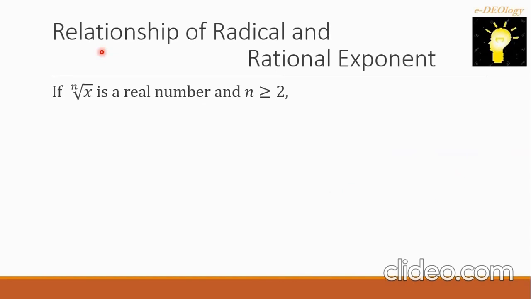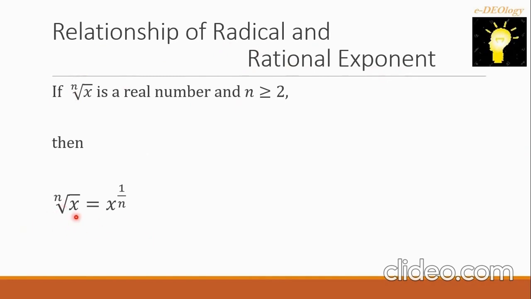Let us go to the relationship of radical and rational exponent. If we have a radical nth root of x, and this is a real number, and the n is greater than or equal to 2, take note that n is the index. Then, the relationship of radical and rational exponent is given in this equation.